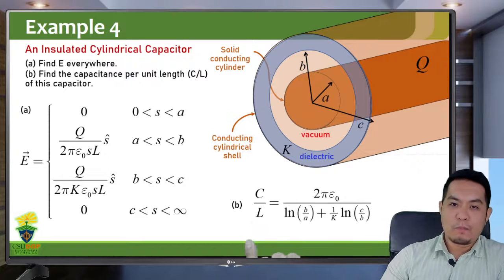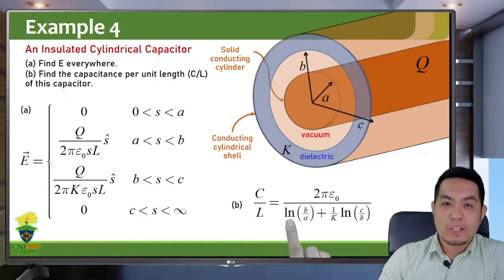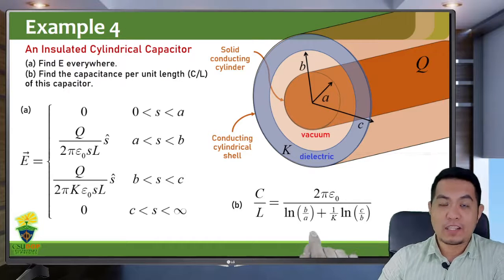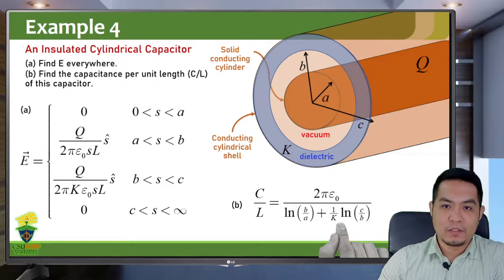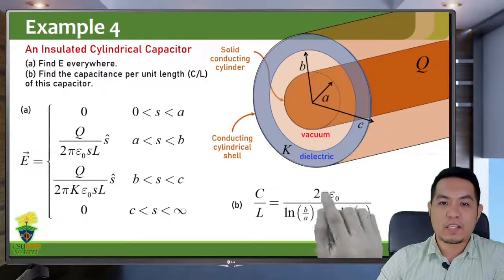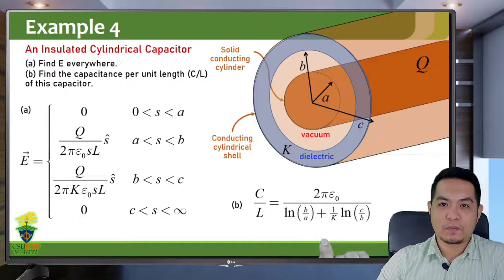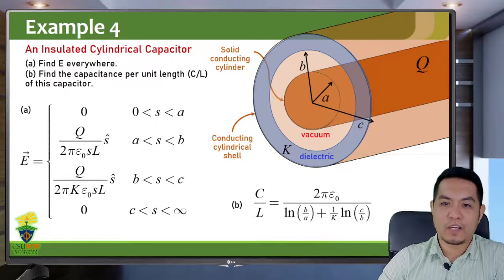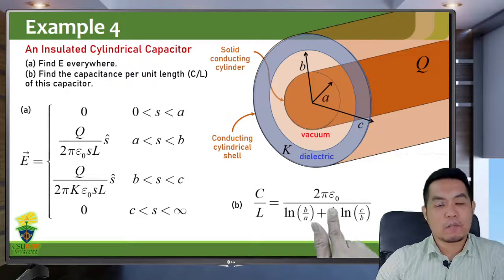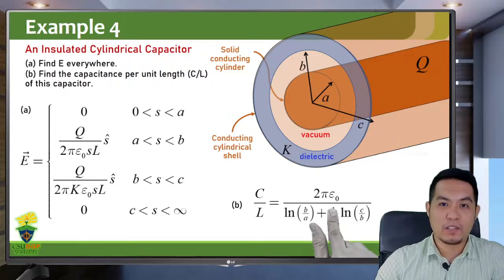For letter B, the capacitance per unit length will only depend on the radius and the dielectric constant K. So if there is no dielectric, for instance, so K is just equal to 1, then it just becomes a capacitor in vacuum. So this is the capacitance per unit length if you only have vacuum in between the plates of your cylindrical capacitor. Okay.